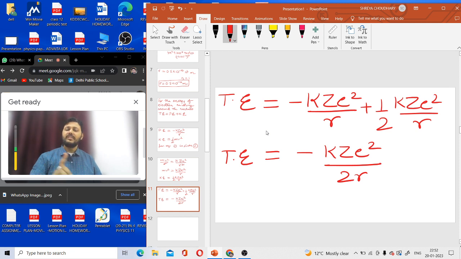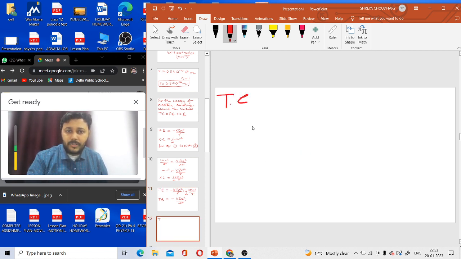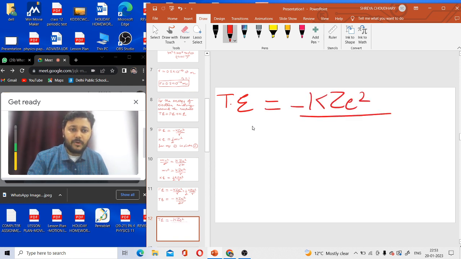Again, if we put the value of r, what value are we going to get? Let us see. Total energy will be equal to minus kZe² upon 2.